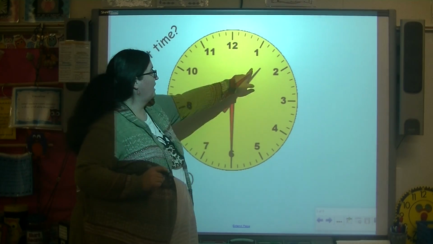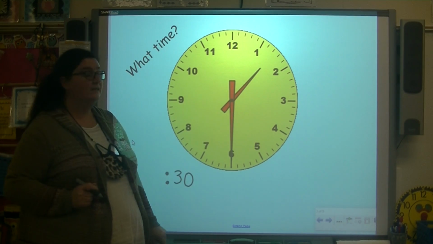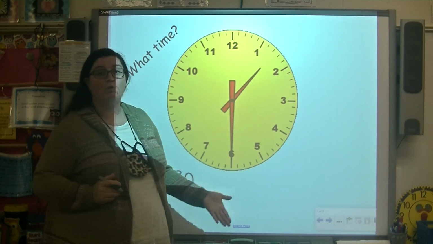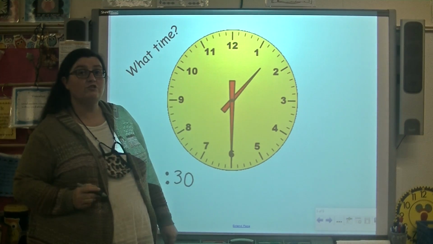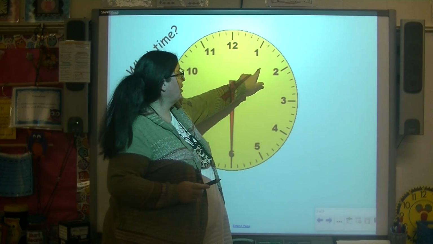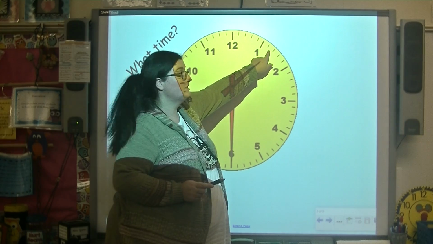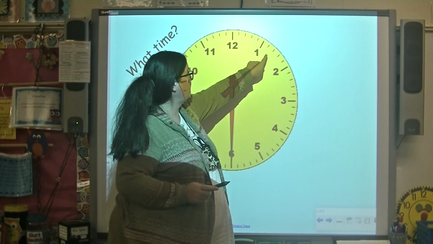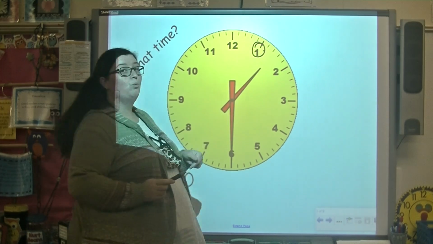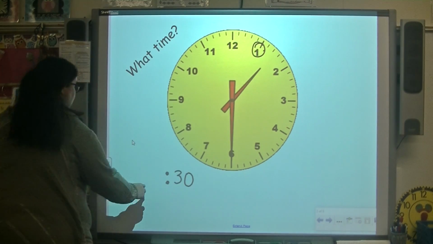And now look at your hour hand. It is between the 1 and the 2. So is it 1:30 or 2:30? Now we have to back up because it has only passed one of those numbers. It's halfway past the 1. 1:30.